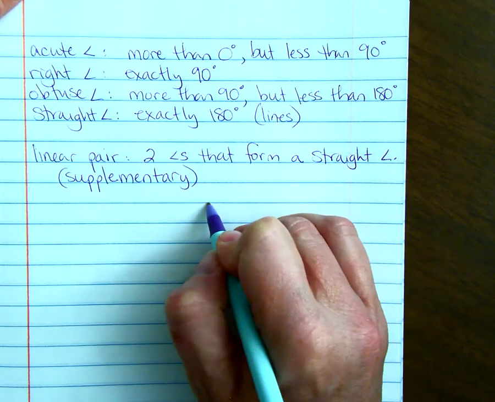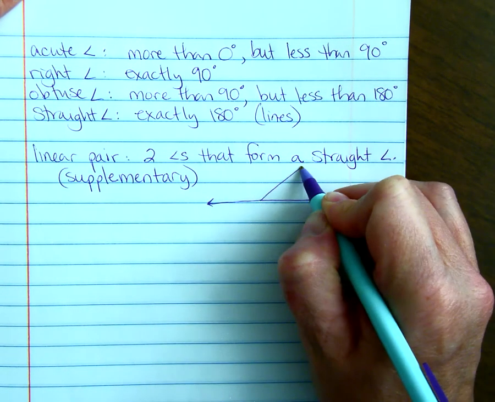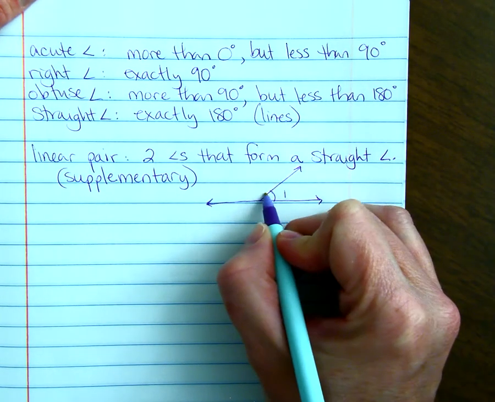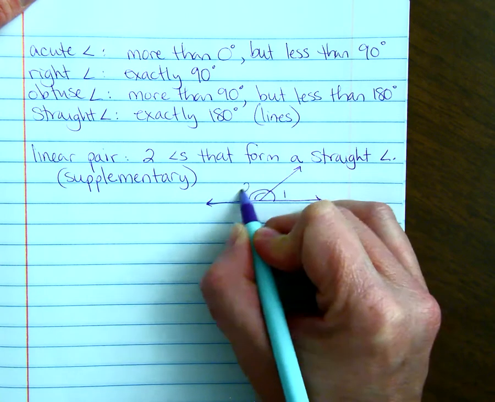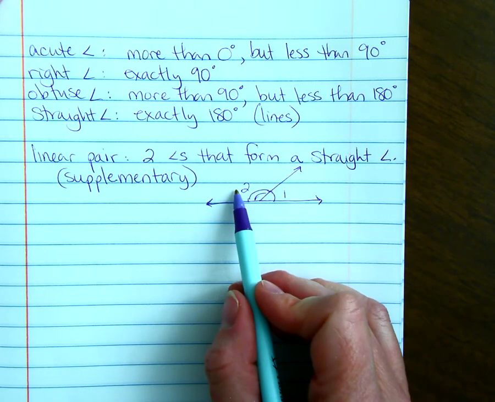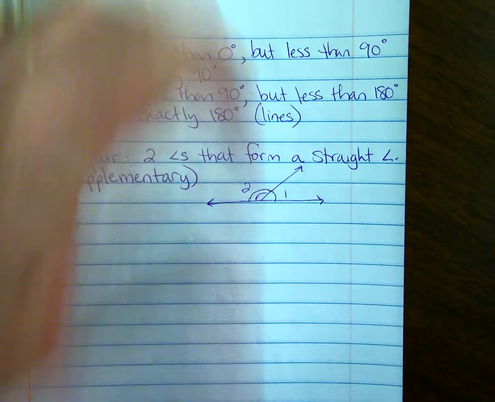So here's an example of two angles that are a linear pair. Here we have angle 1 and angle 2. These are called a linear pair because together they form a straight line.